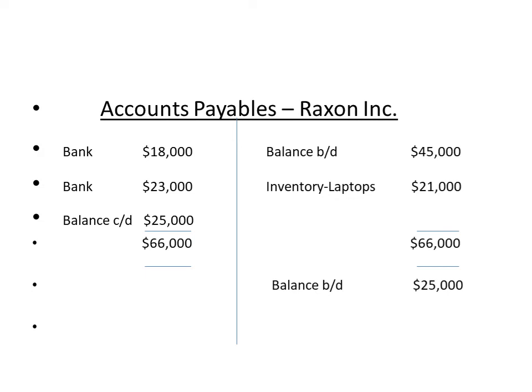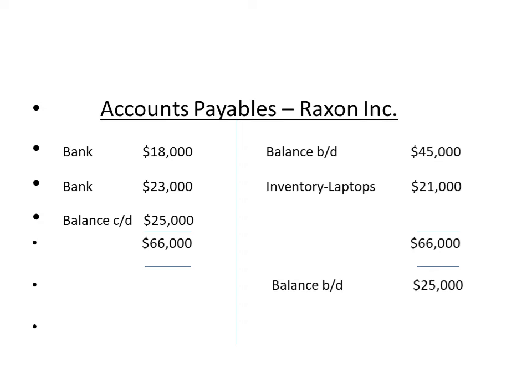So as a last step, we transfer this balance on the opposite side of the account and outside the account as balance B over D, $25,000. Now looking at this account, because we have now balanced this account, its balancing has been done. If we look at this account, we find that this account of Rexon had an opening balance of $45,000.